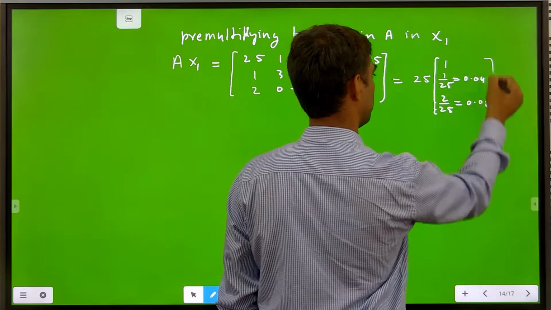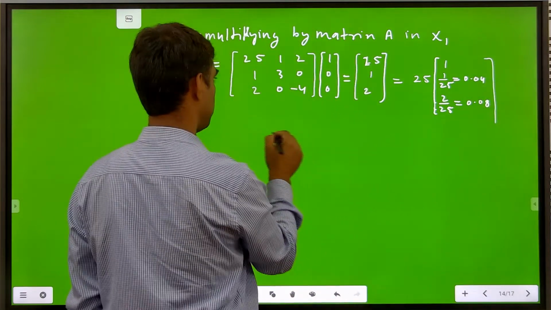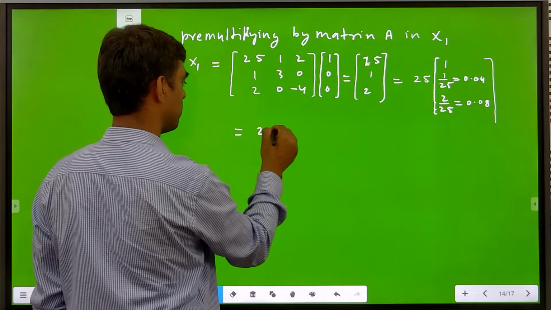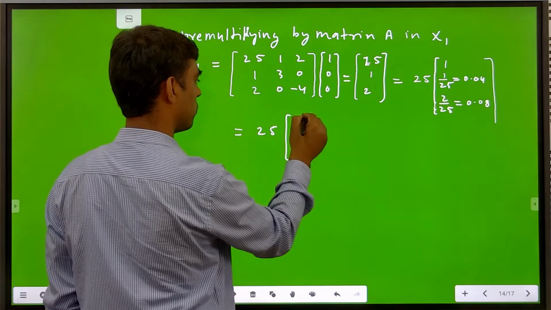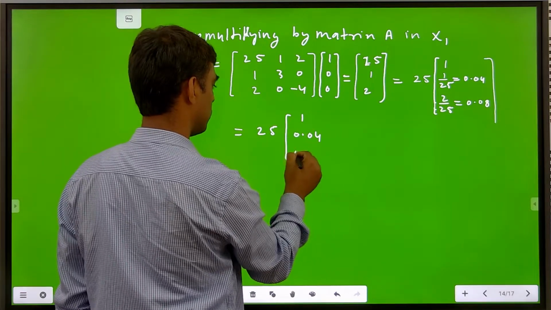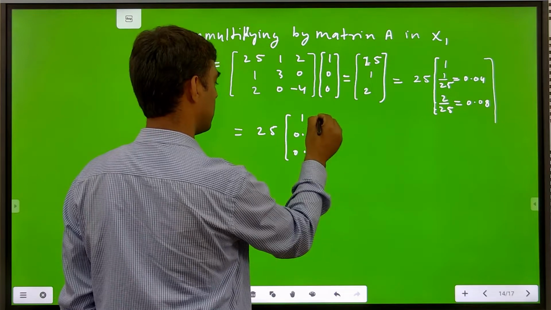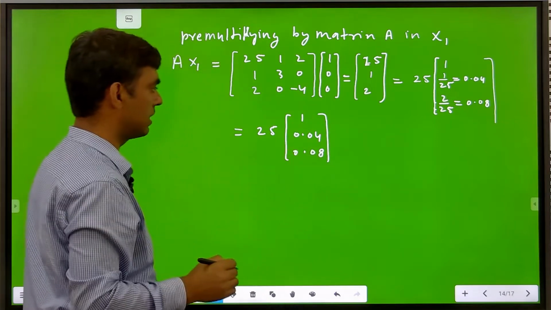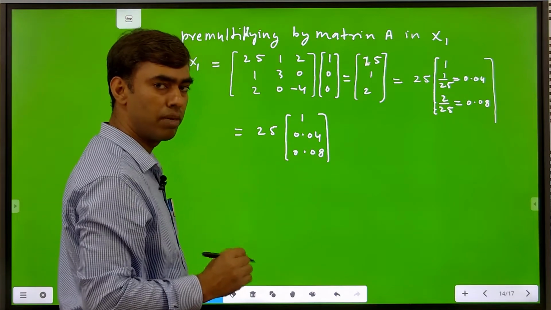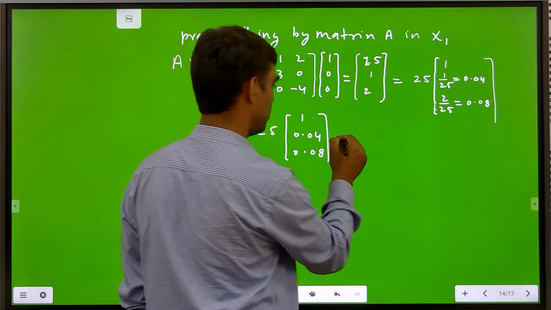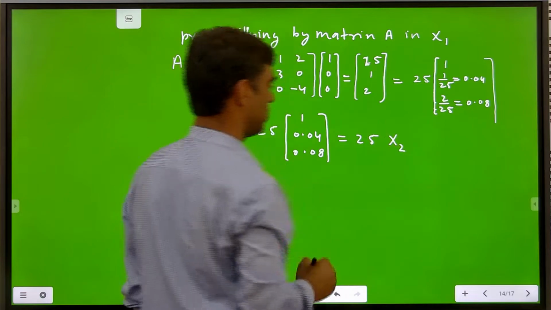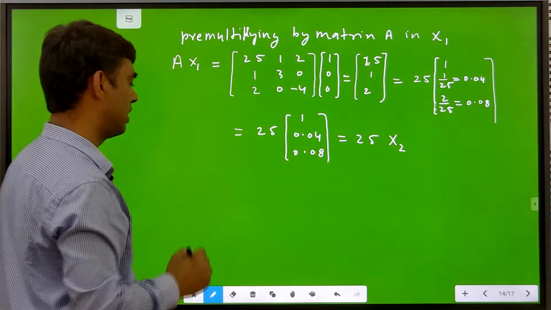So this equals 25 times 1, 0.04, 0.08, and for the next iteration we assume this is an approximate vector. So we write 25 x2.